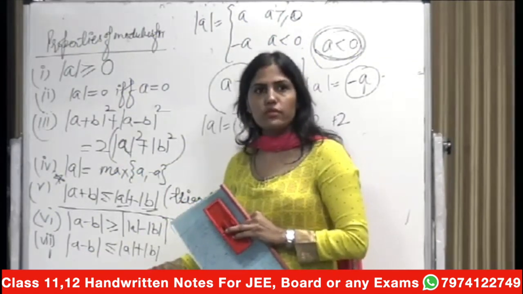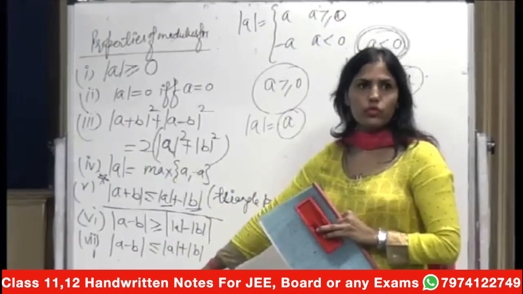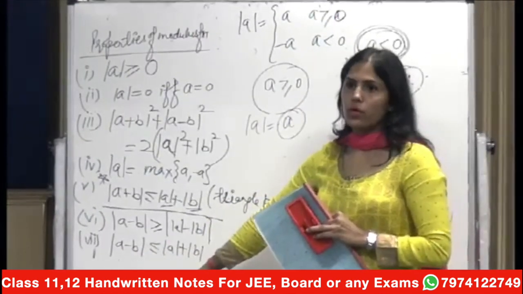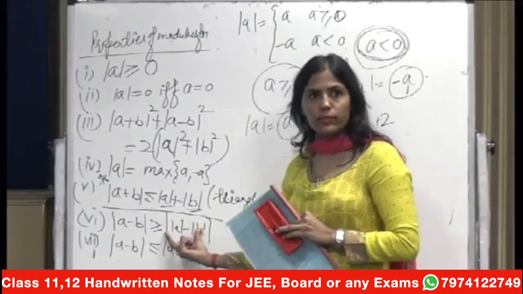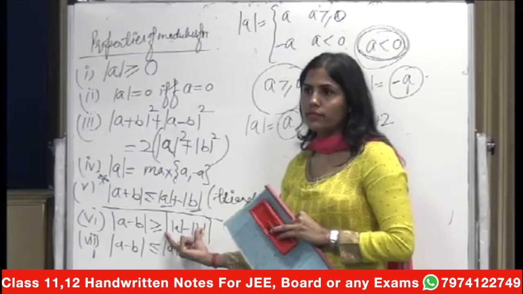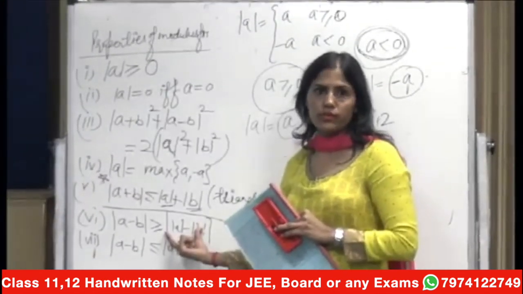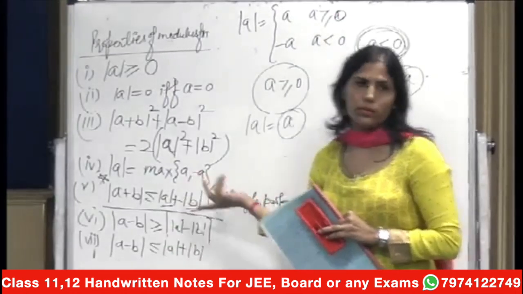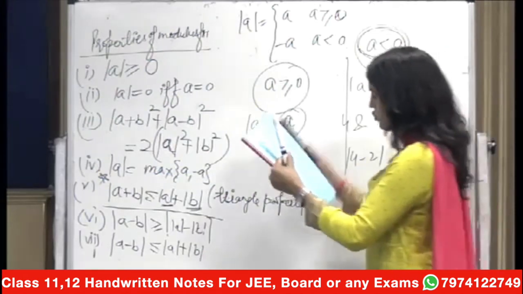Somebody has checked and he has got that this is true, so no need to take mod, but here we need mod. For this inequality we need mod here. Is it fine? So all these properties are well researched, all are checked properties. If you want to, you can tell me any number, I'll check it. Is it fine?